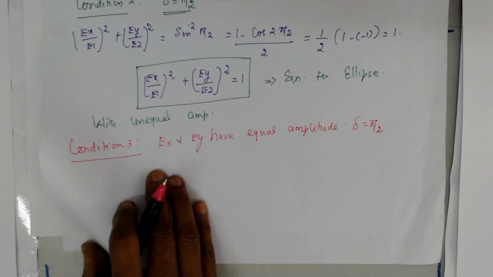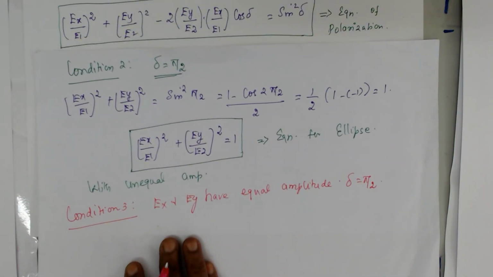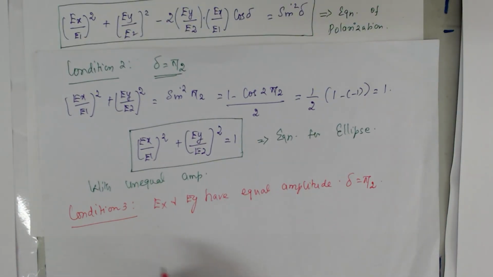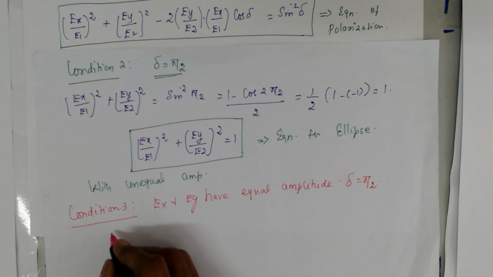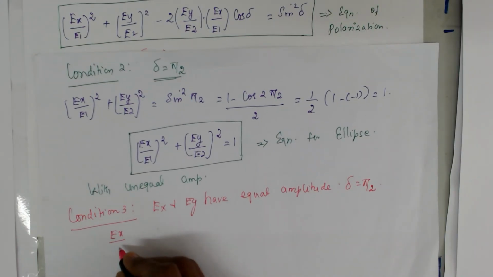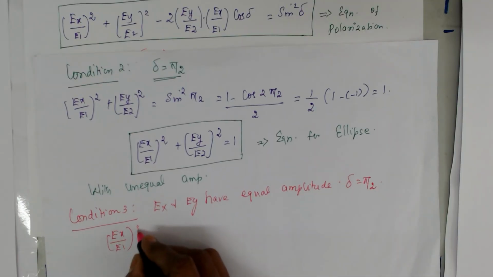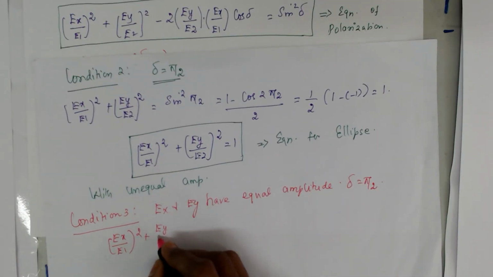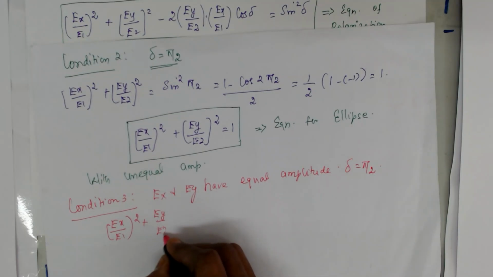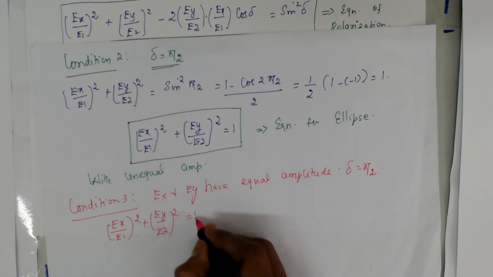So once again, substitute the condition in the equation of polarization. So we have (Ex divided by E1) the whole square plus (Ey divided by E2) the whole square equal to 1.